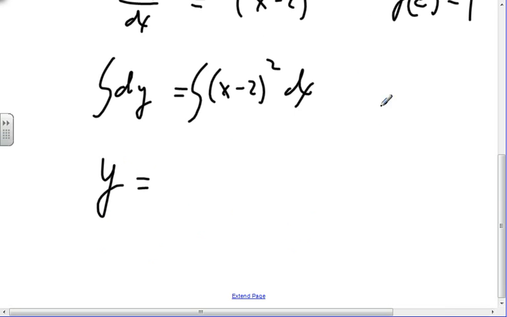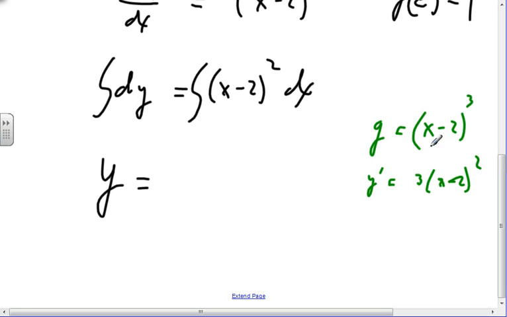I'm going to guess that my answer is in the form (x minus 2) cubed, and the derivative of my guess would be 3 times (x minus 2) squared. So if I multiply this times 3 and that times 1/3, I really don't have to do that, do I?